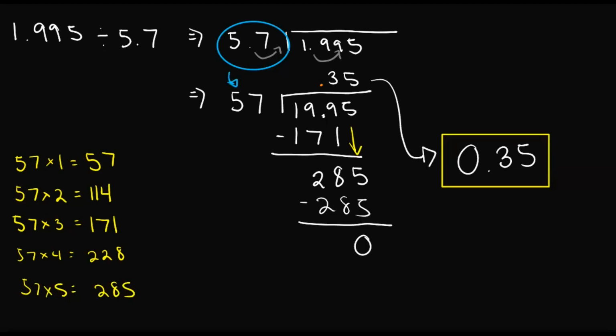Now, if we have a decimal point in the dividend, we move that one up out here. And so those are the two main keys in dividing decimals. Afterwards, it's just the usual division that we do in whole numbers. And so that's basically it, and that is all for this video.